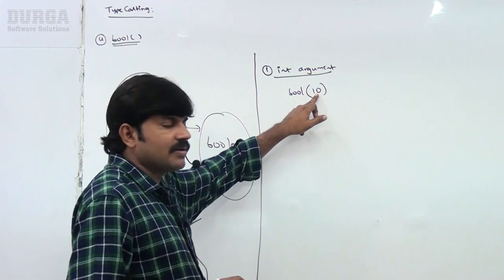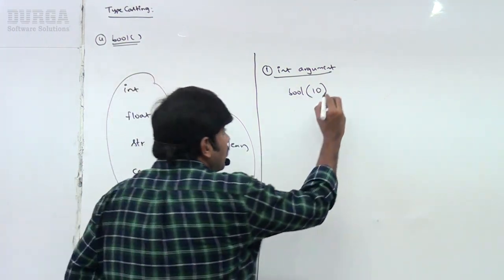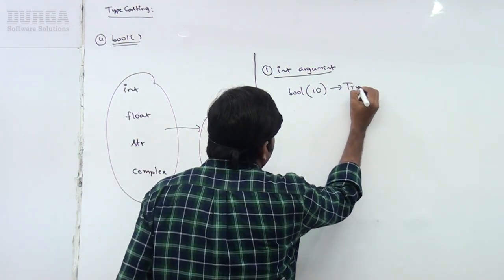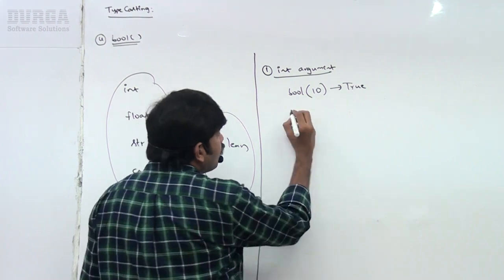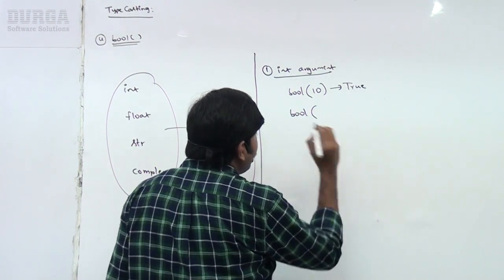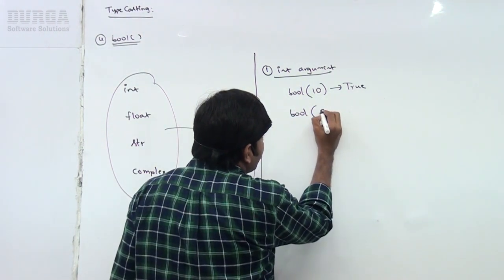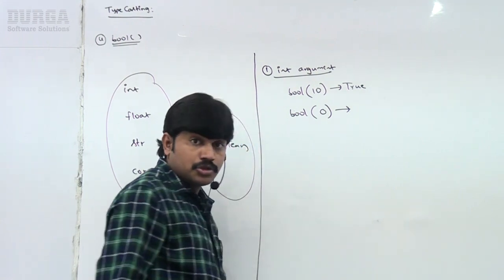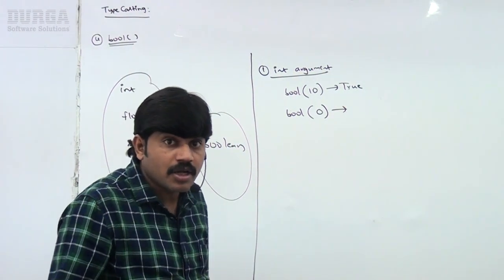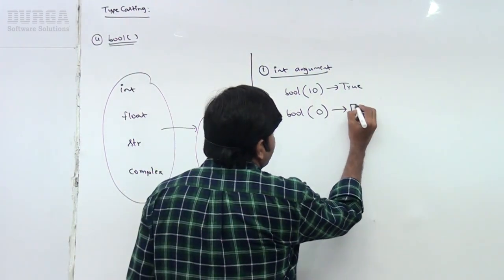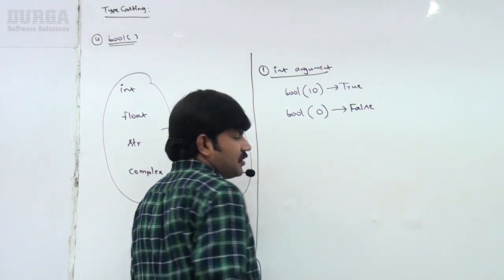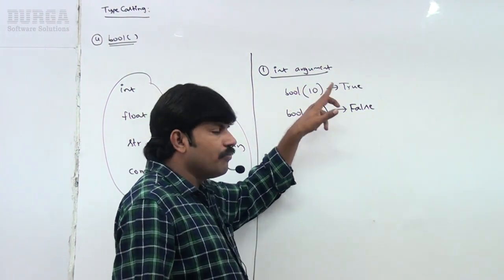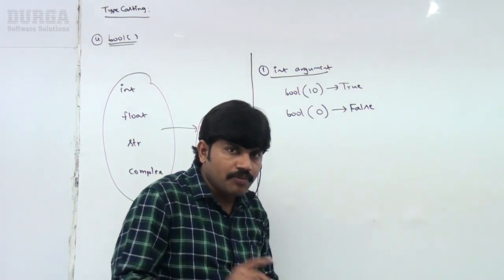Now bool of 10 is not 0, that's why we get True. Next, bool of 0. 0 argument means we are going to get False.